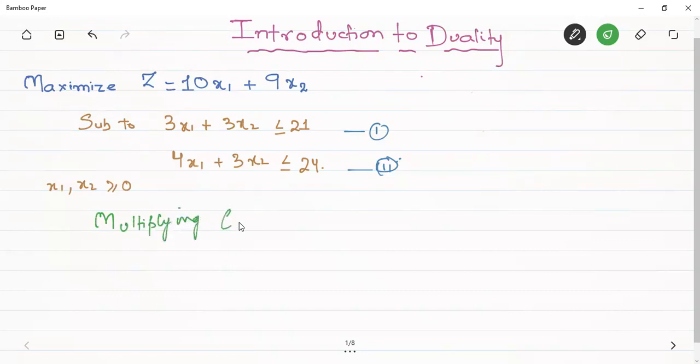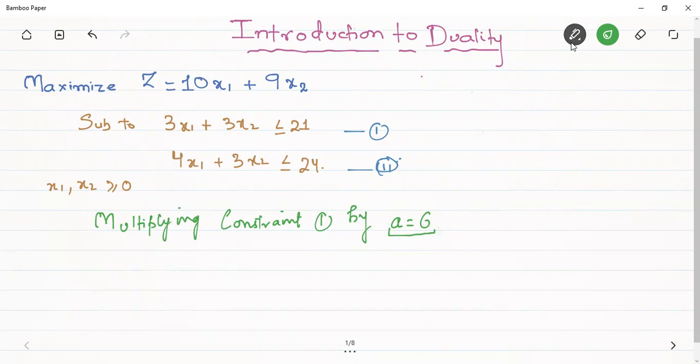Multiplying constraint 1 by a number, that is a = 6.